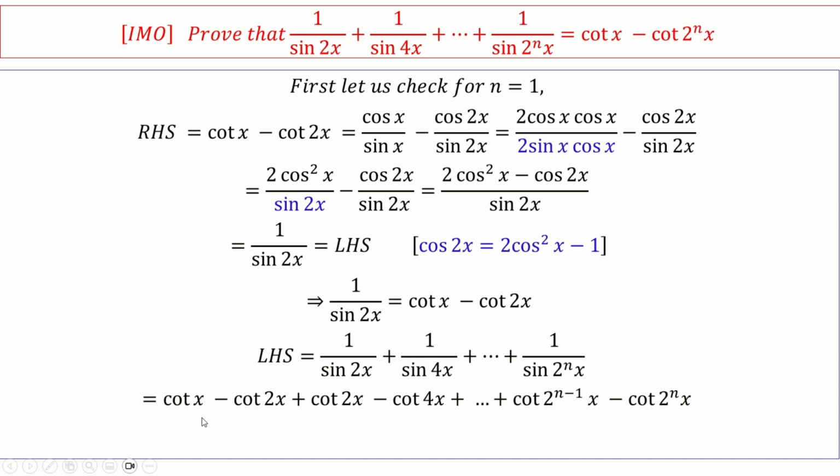So 1 by sin 2x is nothing but cot x minus cot 2x, and 1 by sin 4x is nothing but cot 2x minus cot 4x. Keep on writing. If you see, all these terms get cancelled: minus cot 2x plus cot 2x, minus cot 4x plus cot 4x get cancelled. You will be left with only the first and last, and this is the first and last term.